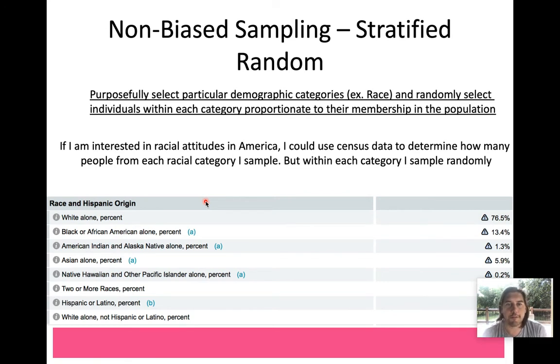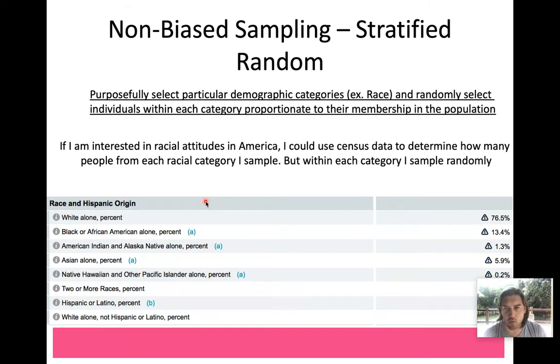Next, we have probably the only truly 100% way to get a fully representative sample, and that is stratified random sampling. Now, to do this, you have to be interested in sampling across a demographic category.